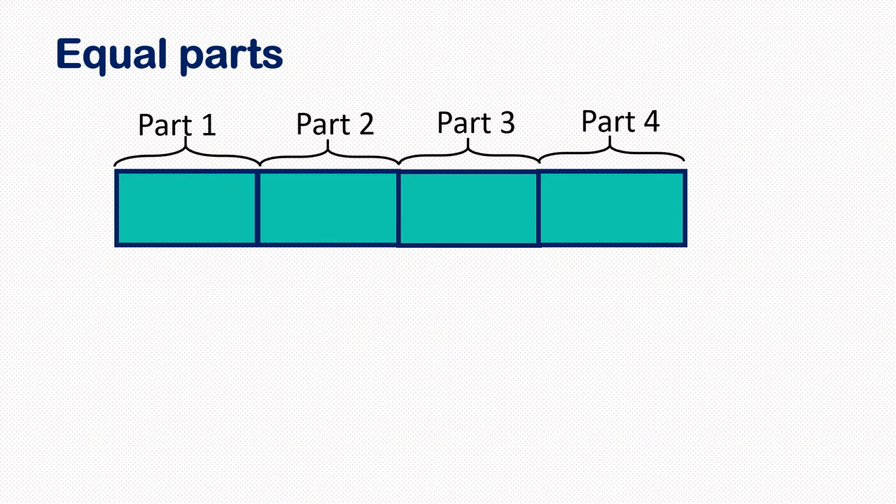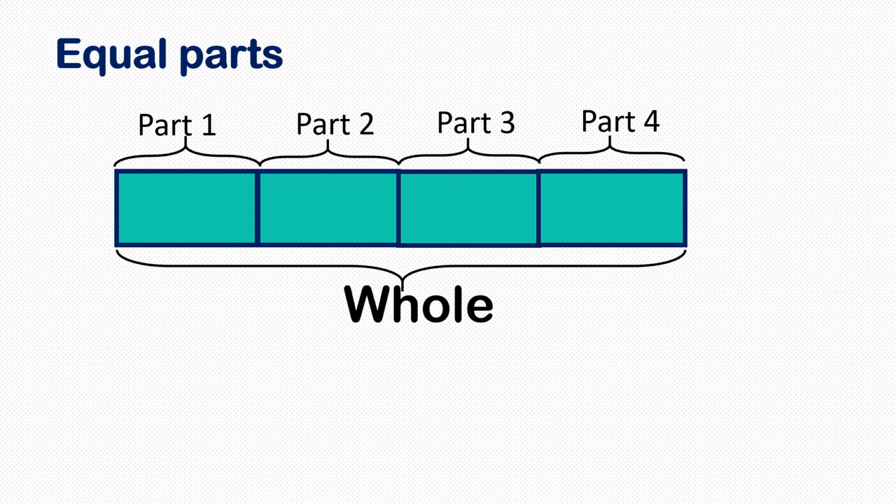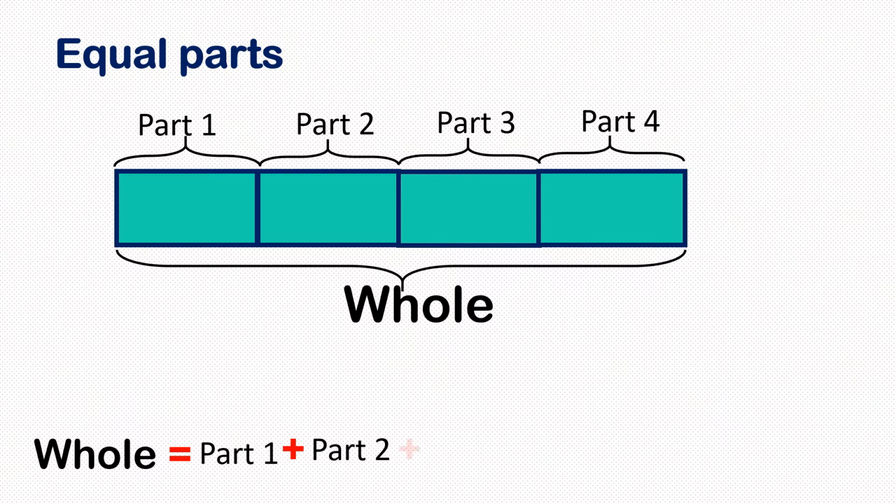So to find the whole, we have to add these bars together. Part 1 add part 2 add part 3 add part 4. That is the whole. Whole equal part 1 plus part 2 plus part 3 plus part 4. All these equal parts make the whole.